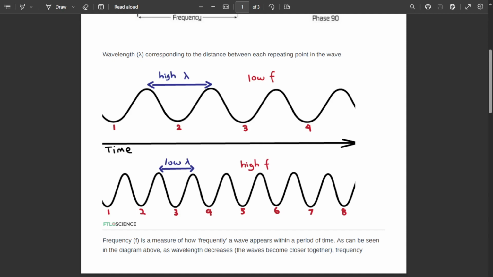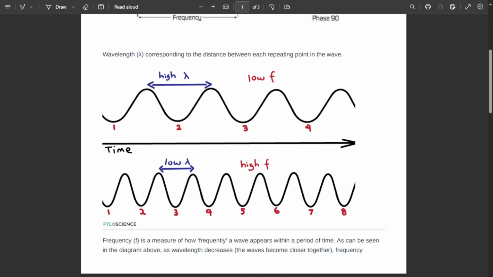But if the peak duration is going to decrease, right, so what is that? It is the low wavelength, right? Now let's consider the frequency. Here is the high frequency. Why is it called high frequency here? Because the duration between peak to peak decreases, and the waveform increases.